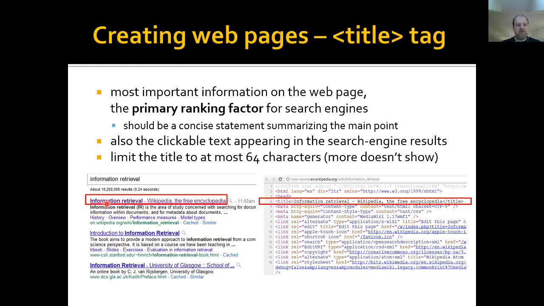Information retrieval is definitely a more relevant pair of terms than, for example, area of study, like here, because area of study is just in the full text, but what is really important is in the title text, so information retrieval. There are some technical specifics again, because of the presentation by Google, which is up to 64 characters, it should not be longer than this, because more than 64 characters doesn't show up. So this is something that should be taken into account, but it's the primary ranking factor.